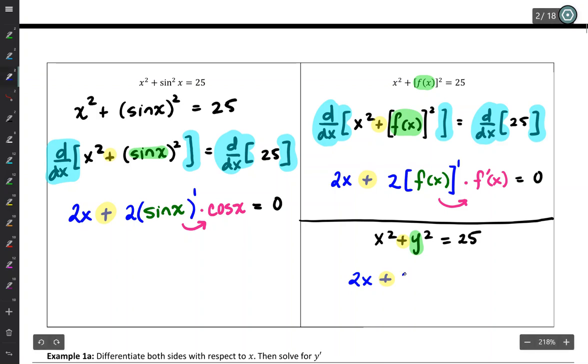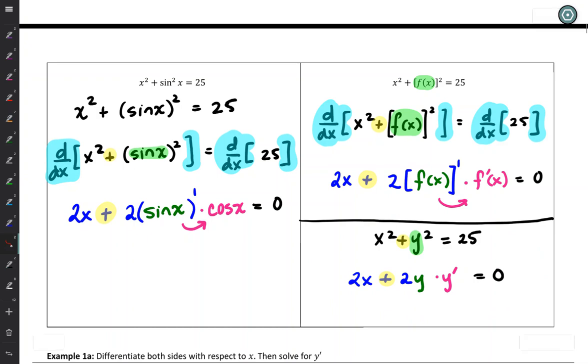That's going to be 2y to the power of 1, chain rule. This is not any different, it's just a different notation if I want to use y instead of f of x and use y prime instead of f prime of x. Now I don't like writing to the power of 1 because I don't want it to look like a derivative. Equals 0.